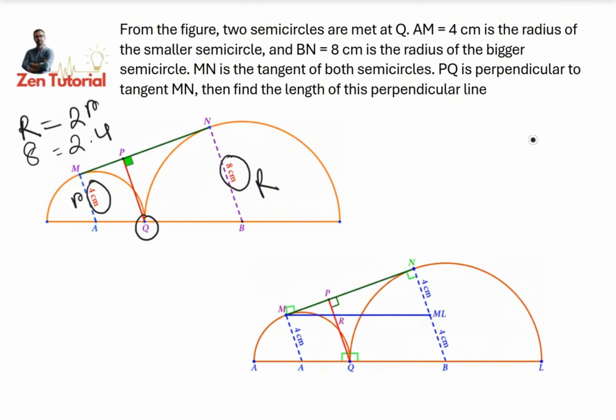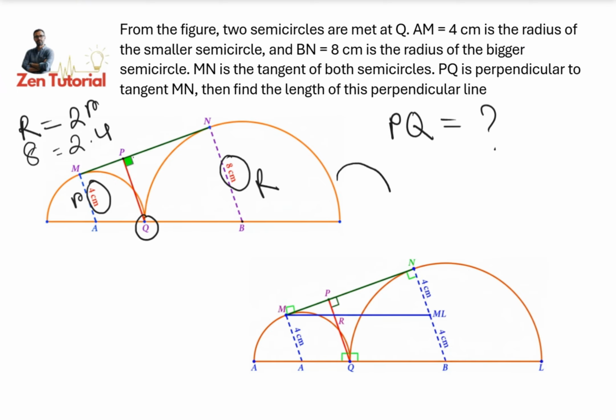And M to N is the tangent, and on the tangent, P is a point. From P to Q, the perpendicular line to the tangent, we have to evaluate the length of PQ. And of course, this is perpendicular, so this angle is 90 degrees.